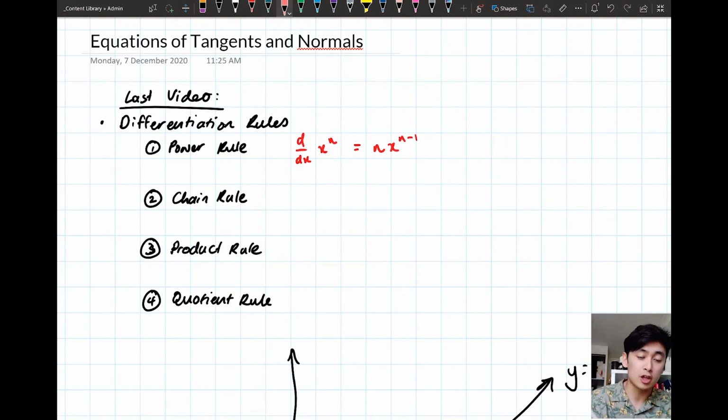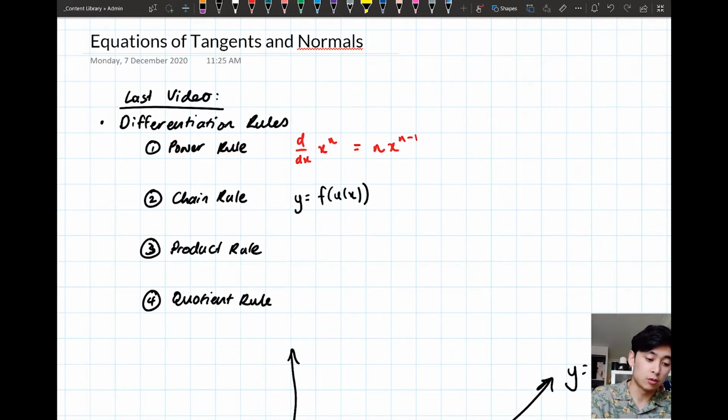If we're differentiating a function within a function, so here we had y equal to f of u of x, then when we differentiate this, we differentiate y with respect to u, then we differentiate u with respect to x.